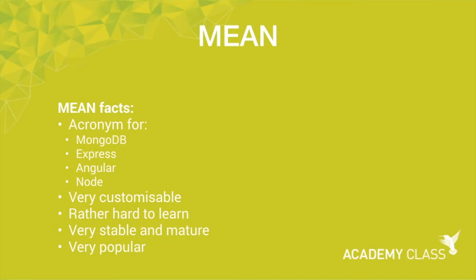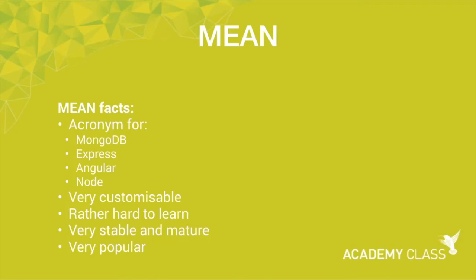So Mean just means MongoDB, Express, Angular, and Node. You can view Express as a server-side framework, which basically, if you use Mean, is quite similar to using Meteor with Angular. Of course, Meteor is doing lots and lots of things which you don't see, which Mean will not do.